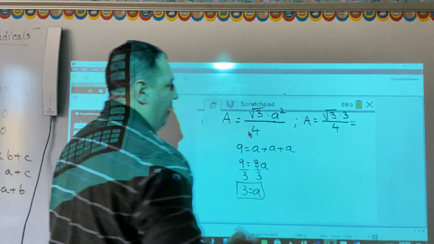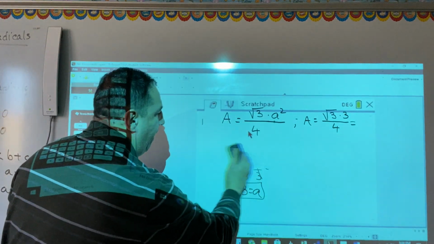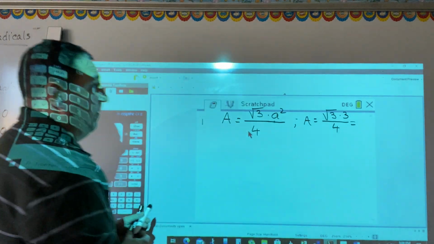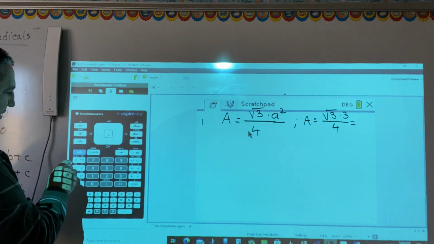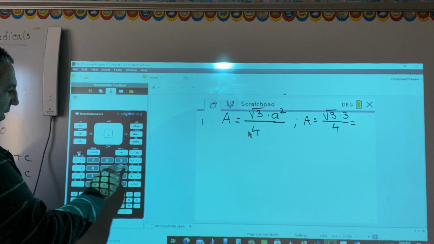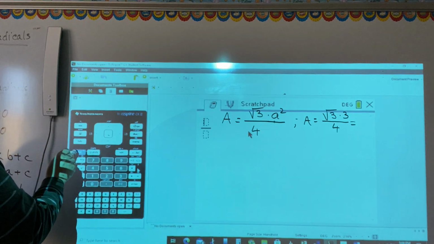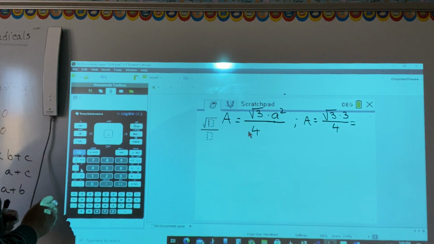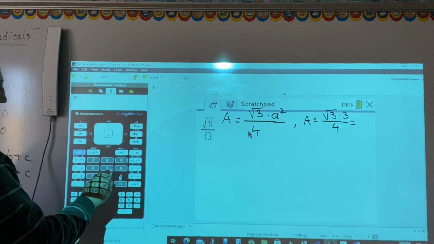So we simply type. First we press Control and divide. On top we press Control and x squared. Under the radical we type 3.